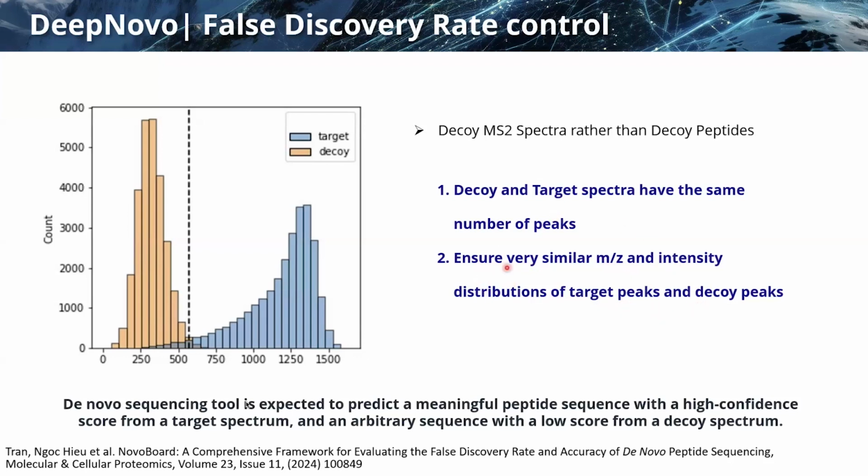And with this in place, we now believe that our sequencing tool, if it's a good tool, should really predict a meaningful peptide sequence with a high confidence score from a target spectrum, but only an arbitrary sequence with a low confidence score from a decoy spectrum.